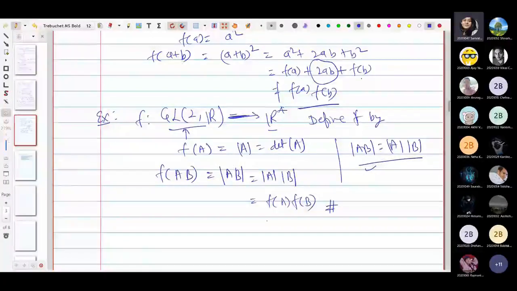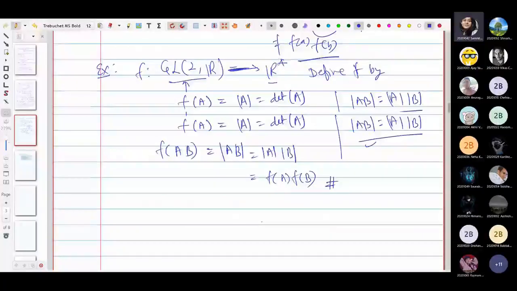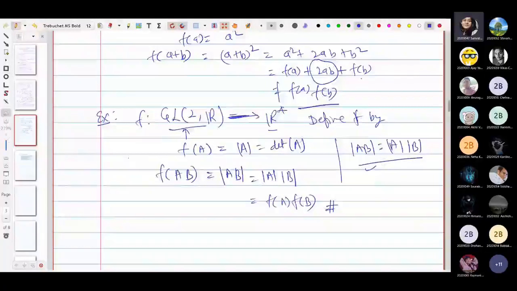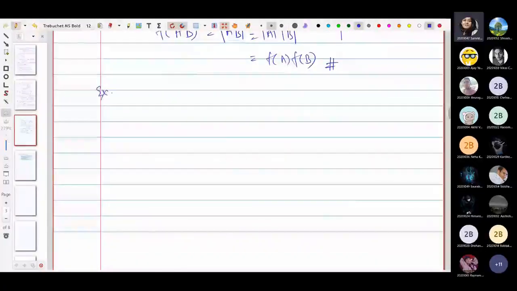Another example we can take, maybe next example number 8. In example number 8, let us define the phi function from R star to R star, the group of real numbers under multiplication, by phi of x equals modulus of x.